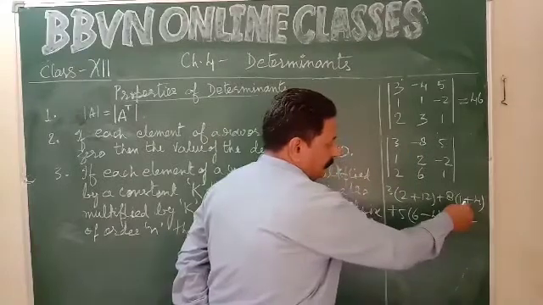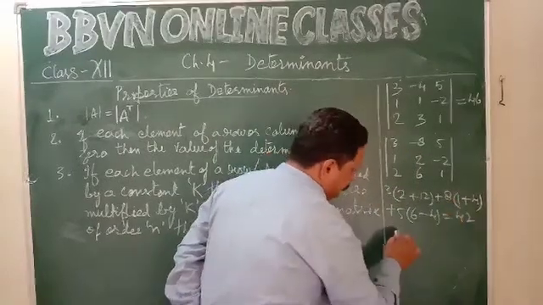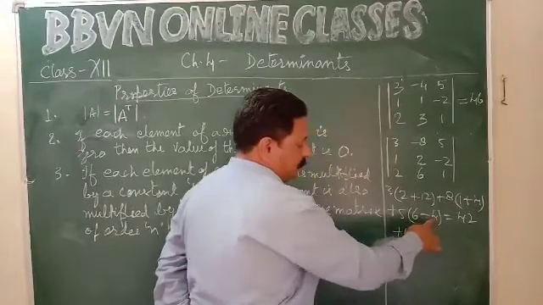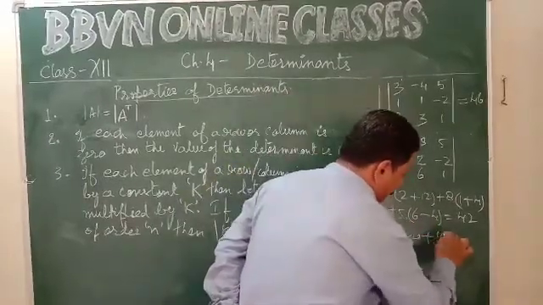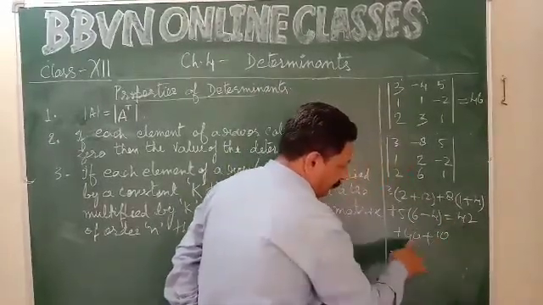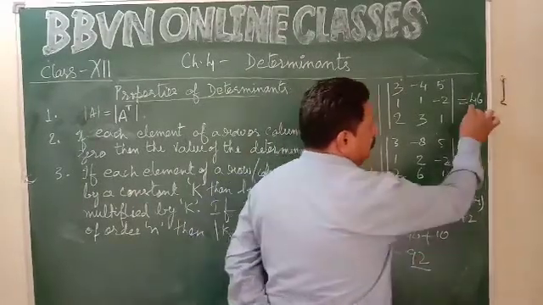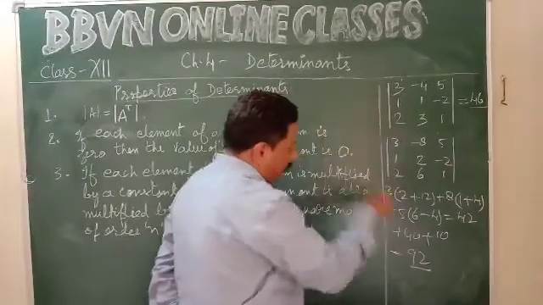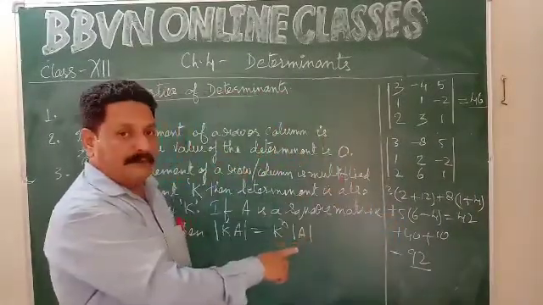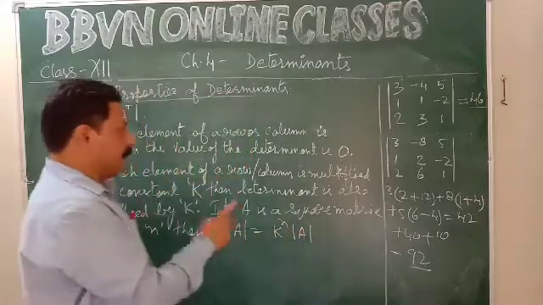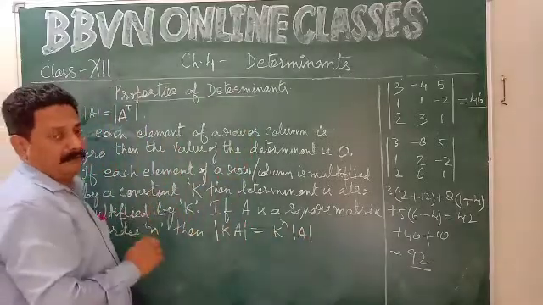Now 4 plus 1, 5. 5 into 8, 40. 6 minus 4 is 2. 2 into 5, 10. 42 plus 40, 82 plus 10, 92. What was the determinant? 46. Now 46 multiplied by 2 is how much? 92. So this is the verification of the first part of property number 3.